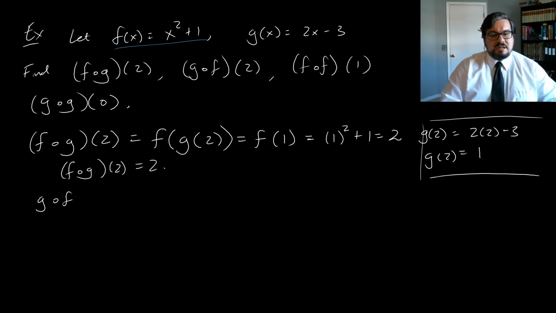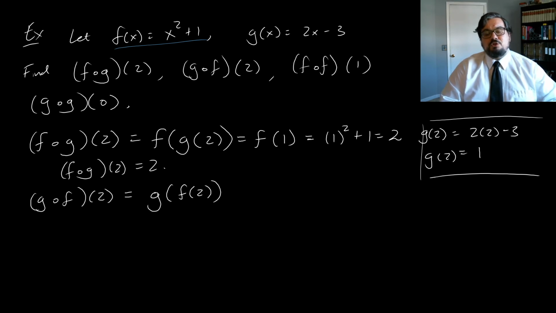What if we have g composed with f of 2? Now, it's important to keep track of the order here. The order that you get when you write down the composition in the way that we just did is the same as the order that you write down in the fog notation, or in this case, it's g composed with f, so it's sort of Goff notation.